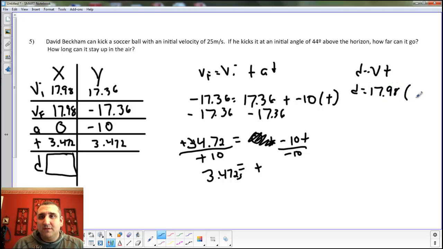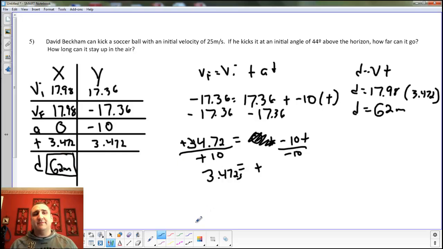You should end up with a displacement of exactly 62-ish meters, which is a little more than half a football field, or a soccer field. So I hope that helps. Again, anytime we're giving you the angle and the velocity, you use that velocity as your hypotenuse, and then you can figure out your x and your y. Alright, so then the x and the y go up in here.